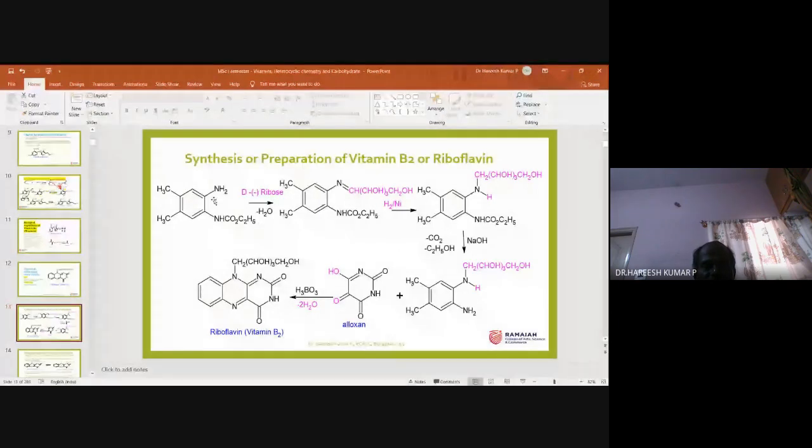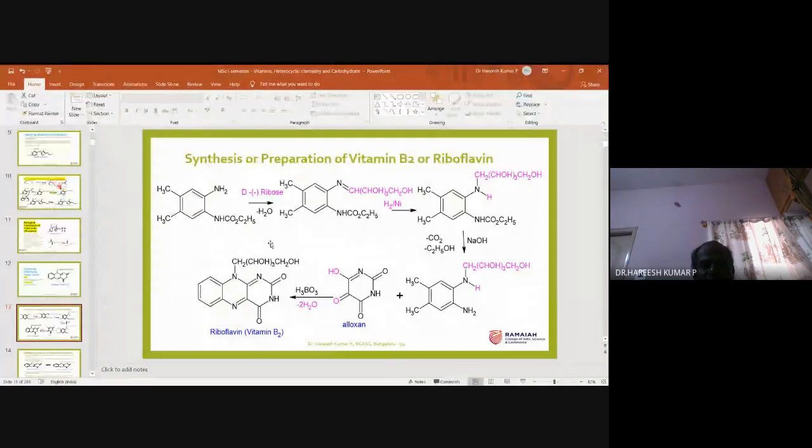This is an NH2, and this NH2 is forming a bond with CO2C2H5. NHCO2H is called carbamic acid, and this is the ester, a carbamate, ethyl carbamate. So that means ethyl carbamate is attached to this group.